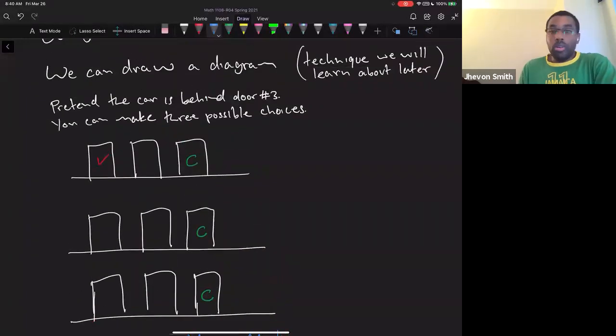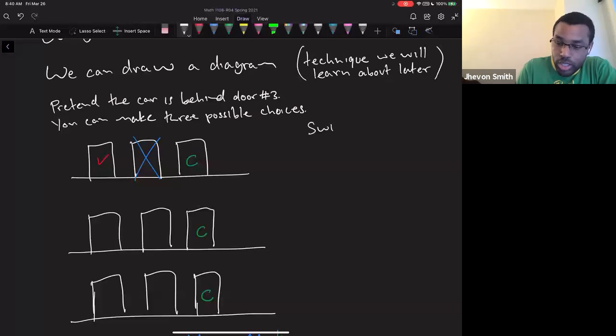Okay, so in one universe, in one timeline, you pick door number 1. What's going to happen in that case is because Monty knows that the car is behind door number 3, he is going to open door number 2, and he's going to show you, hey, there's a goat here. Do you want to switch? And what would happen if you switched? You would actually win the car, right?